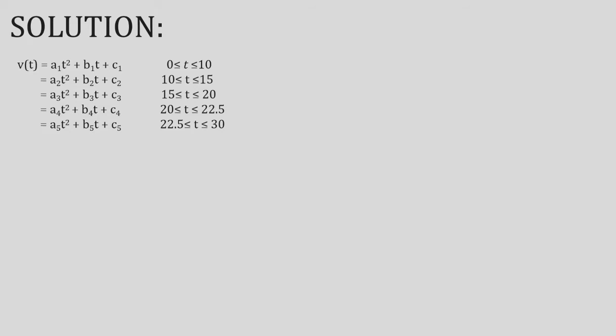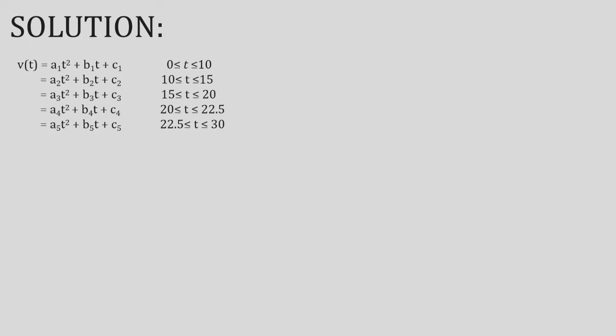So we have to remember that we have three unknowns in each spline. So we have 15 unknowns all in all, because we have 5 splines going through the 6 consecutive data points, and each spline has 3 unknowns. Let's go ahead and set up these 15 equations and 15 unknowns.